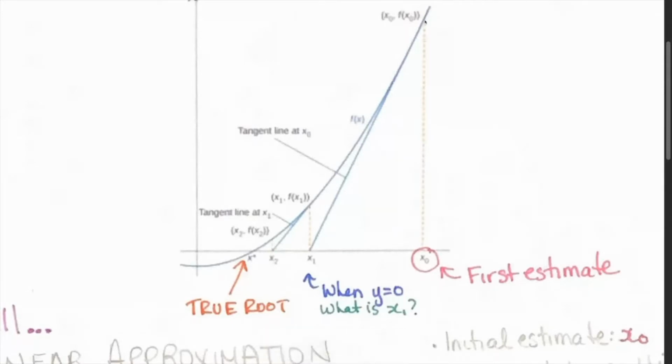So you'll notice if I follow this tangent line down until it hits the x-axis, I generate a new point, I'll call this x1, that has a y-coordinate of 0. So when I have this tangent line and I set the y value equal to 0, I get this new point, x1. And you'll notice that x1 is closer to my true root than x naught.